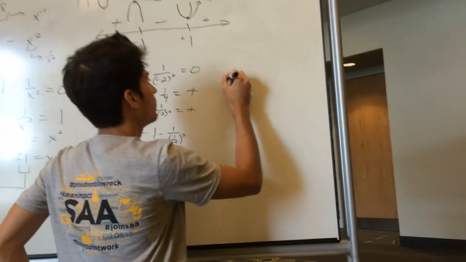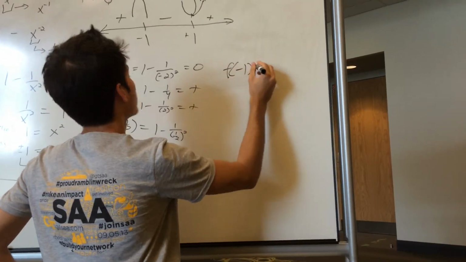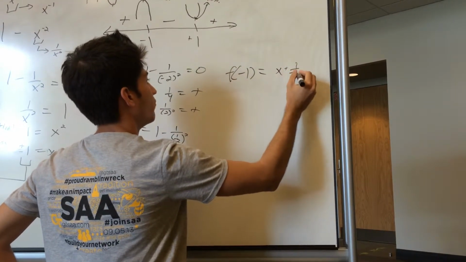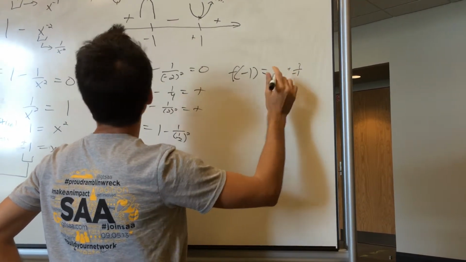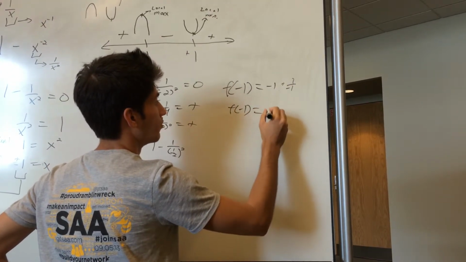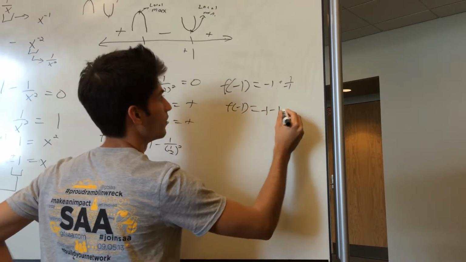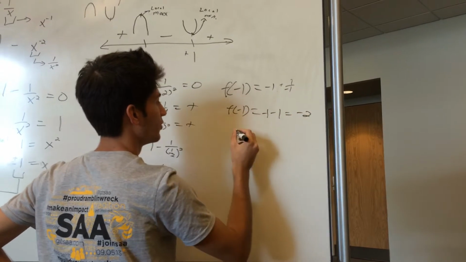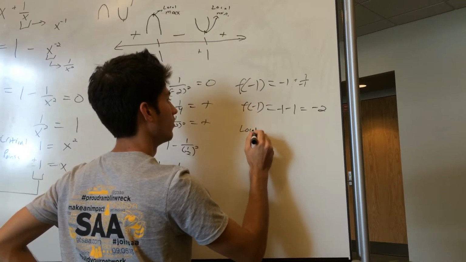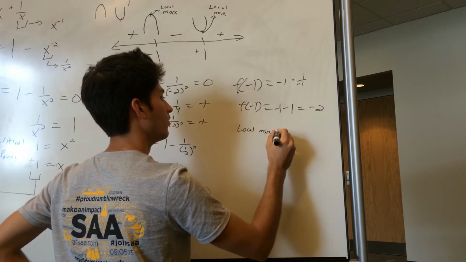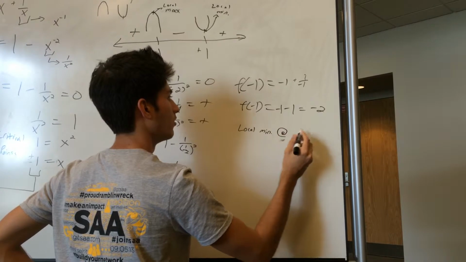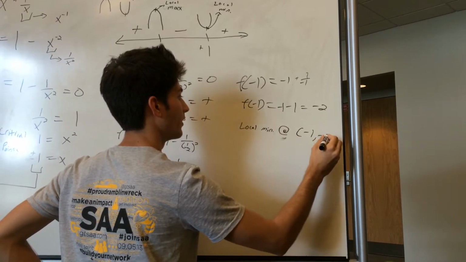To find the actual points, we plug these values into our function. f at negative 1, our max, equals x plus 1 over x, so negative 1 plus 1 over negative 1, which is negative 1 minus 1, or negative 2. So the local max is at negative 1, negative 2.